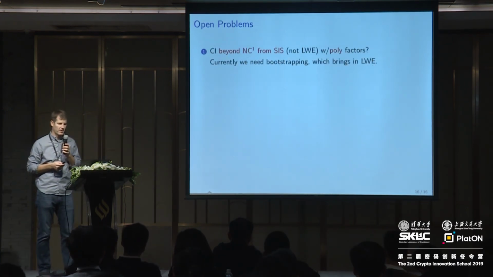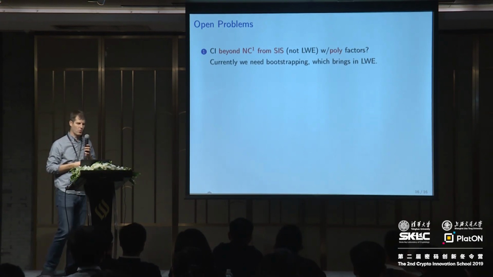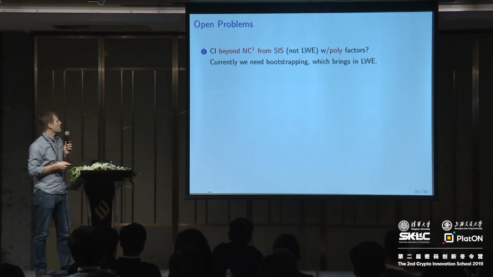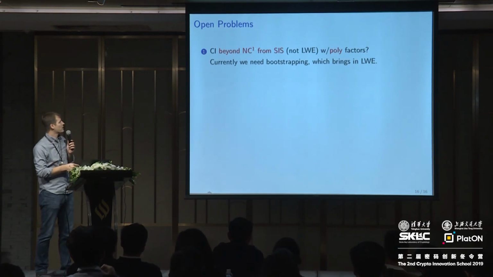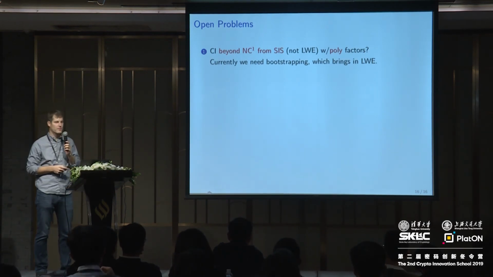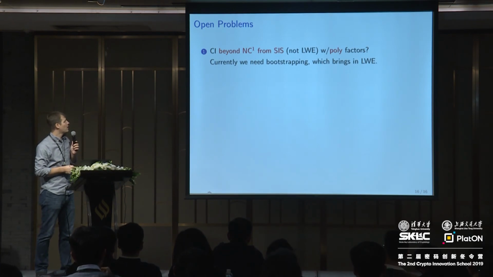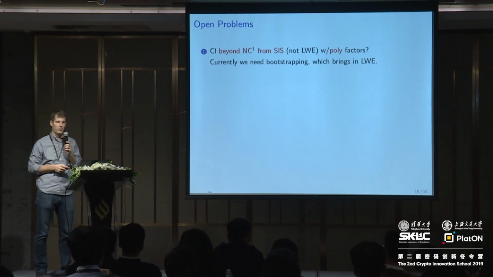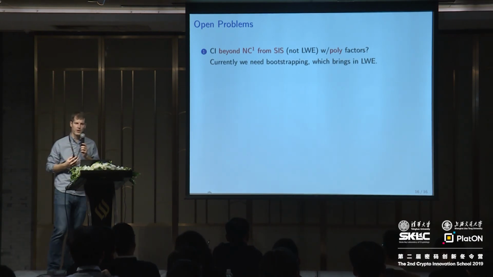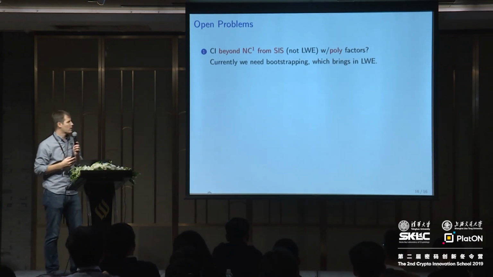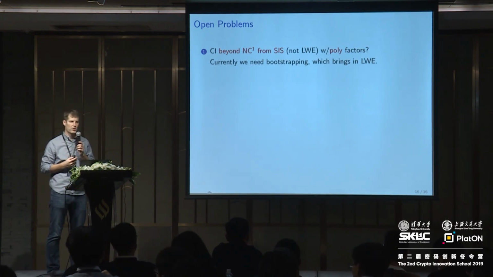So I'll finish up with just mentioning a couple interesting open problems here. So one thing would be, we managed to get correlation and tractability for log depth circuits from SIS, but it would be nice to get it for more than log depth circuits. So as soon as we leave the realm of log depth circuits, we have to introduce LWE, or that's what we currently know how to do, through the bootstrapping transformation.